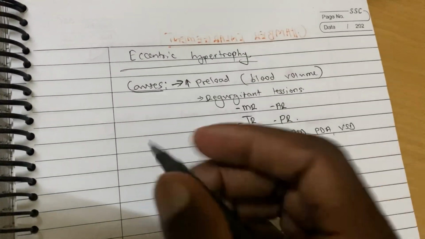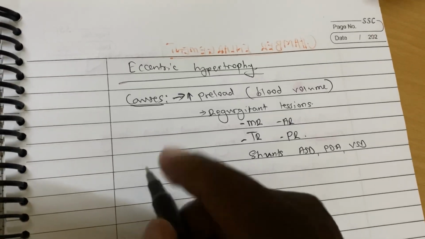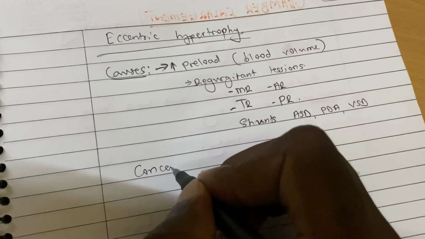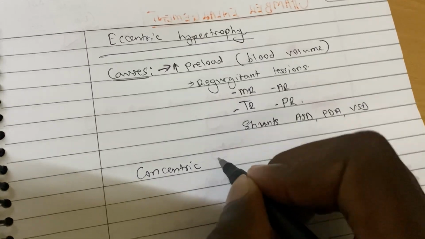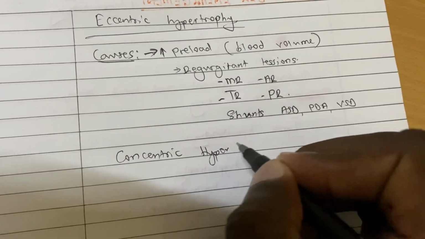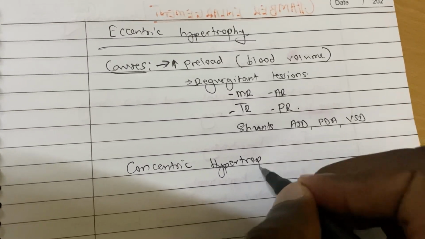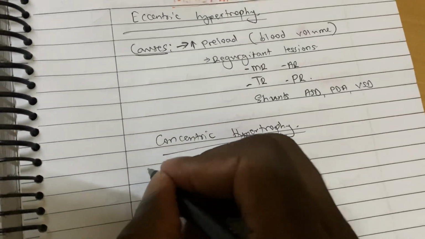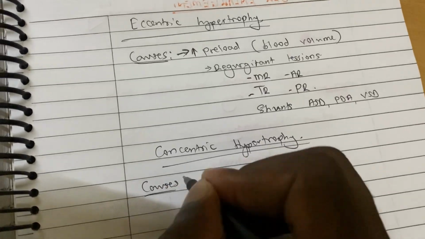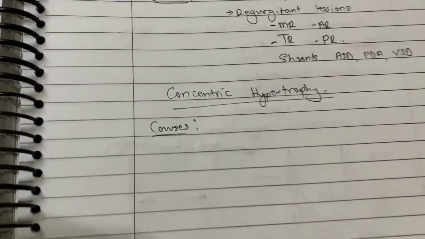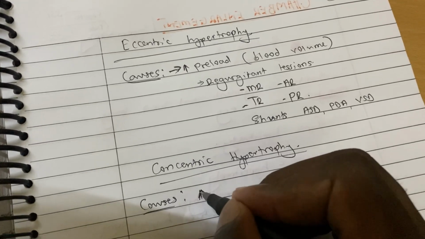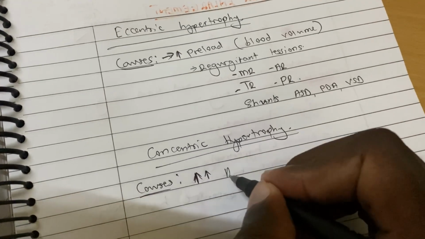So next is going to be concentric hypertrophy. What are the causes? The cause of concentric hypertrophy is increased afterload.